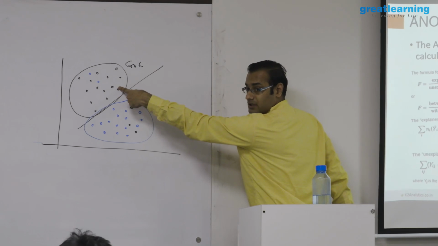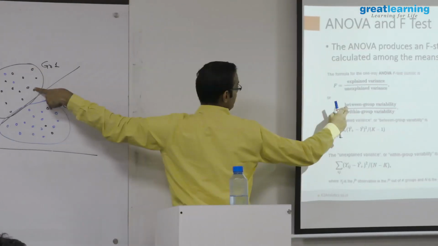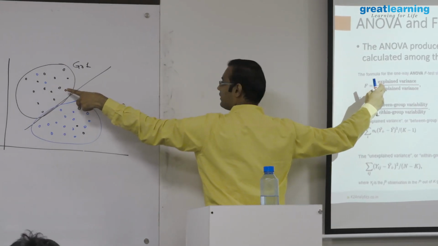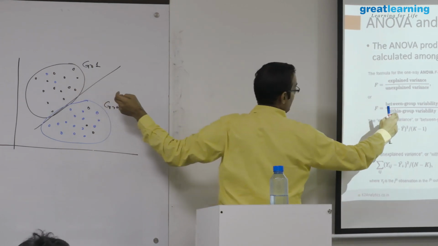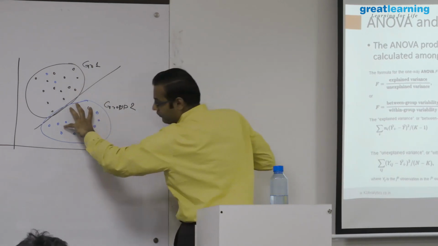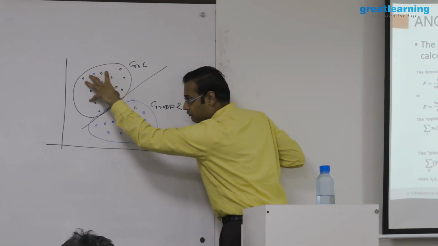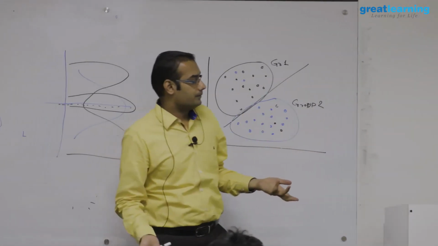Explained variance is the variability between the groups, the reduction achieved by grouping them. The variability which exists within the group is what I am not able to explain so far.